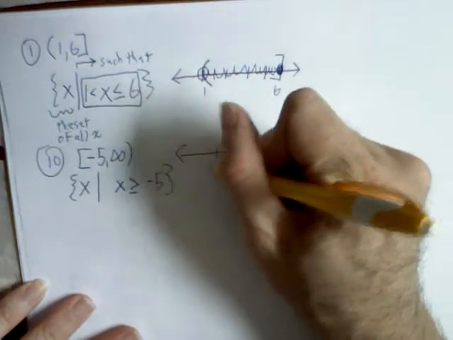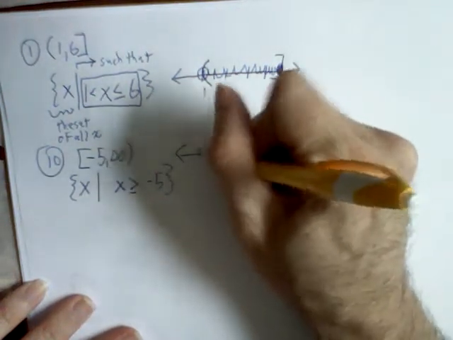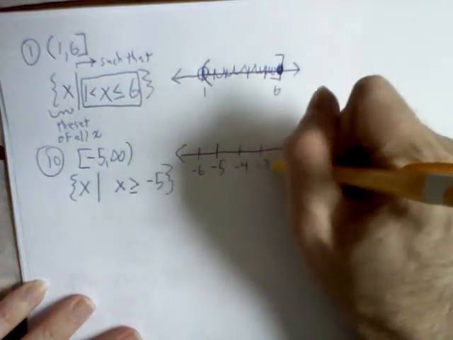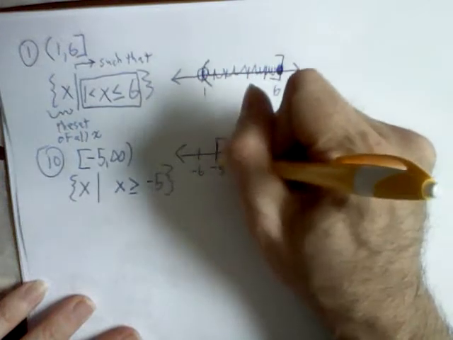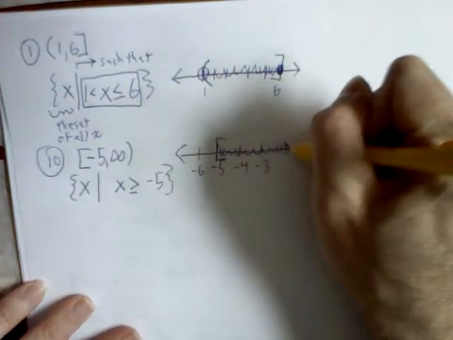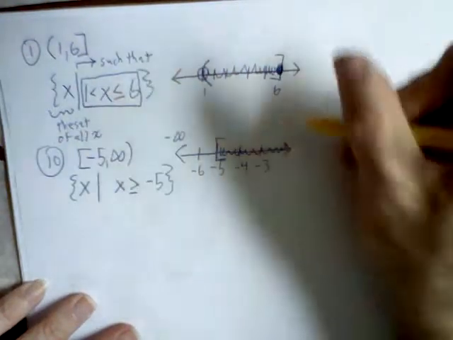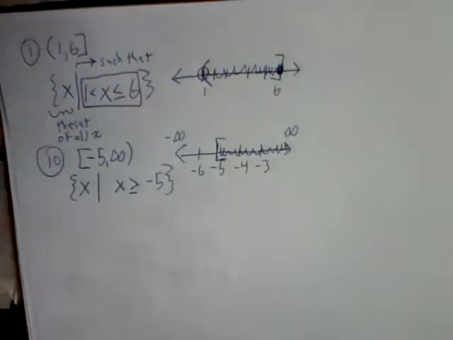Okay? So you go to the -5, and put a couple extra terms around it, of course. And then we're including -5 and everything above that, all the way to positive infinity. So sometimes people like to write in negative infinity and positive infinity as a reminder, and that's not a bad idea. Okay, so we'll do that.